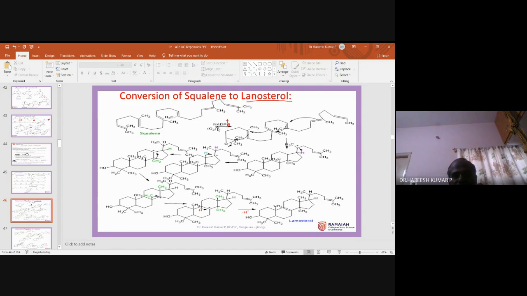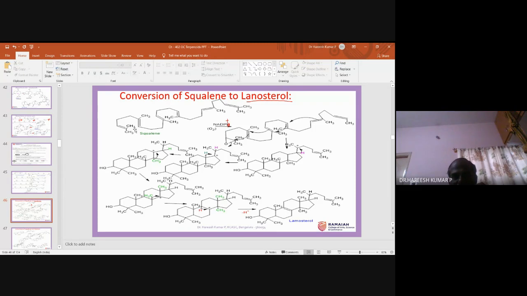Then when this is treated with NADP plus, which is an oxidizing agent, what will happen? There will be addition of oxygen to the terminal double bond. So this terminal double bond gets converted into an epoxide.